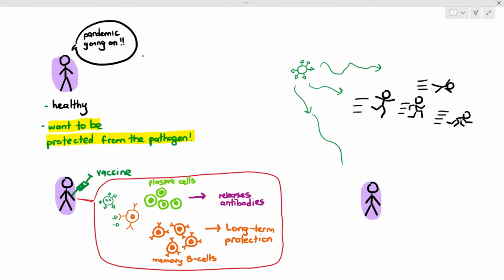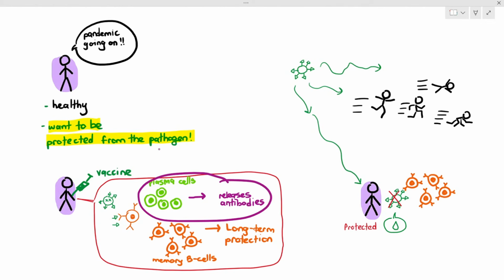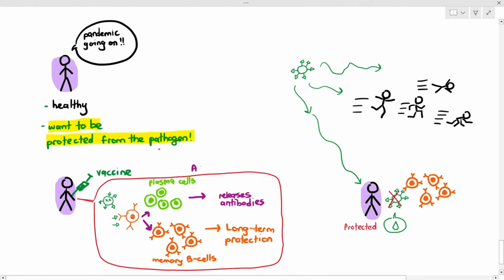So that same person, let's say they're walking around in public and the pathogen tries to infect them. Will it cause them to fall sick? No, because the vaccines have now protected them, and because of the memory B cells, they can respond immediately to the pathogen and they will not fall sick. This is an example of artificial active immunity.